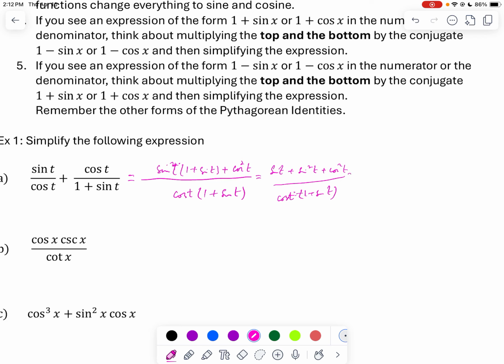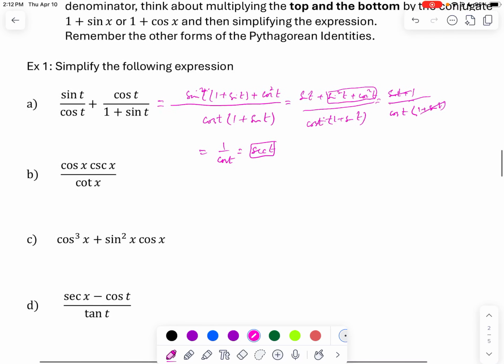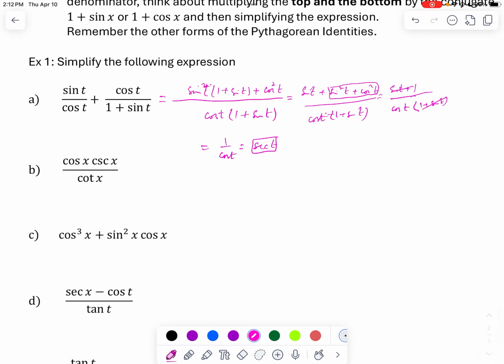Okay, so now what? If you recall, we can use the identity. So we get sine of t plus 1 divided by cosine of t times 1 plus sine of t. Now this factor cancels that factor and we get 1 over cosine t. That is what is left, but that is secant t. So that will be our answer. This is how we use this simplification.